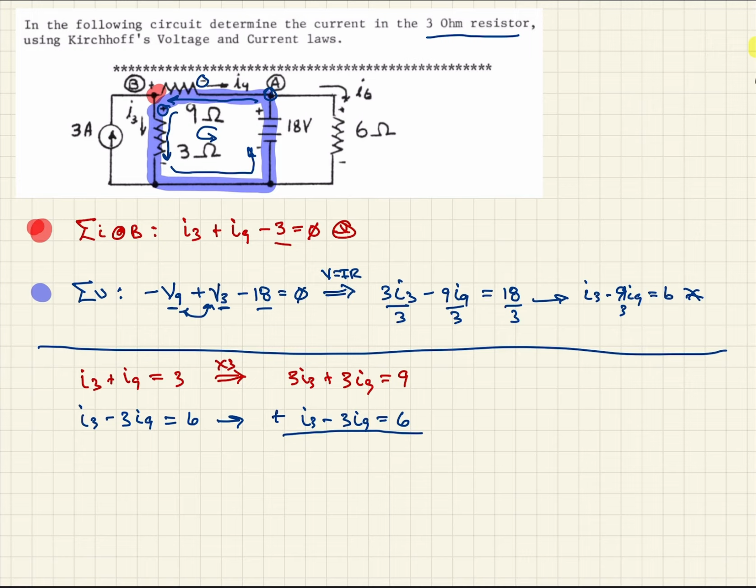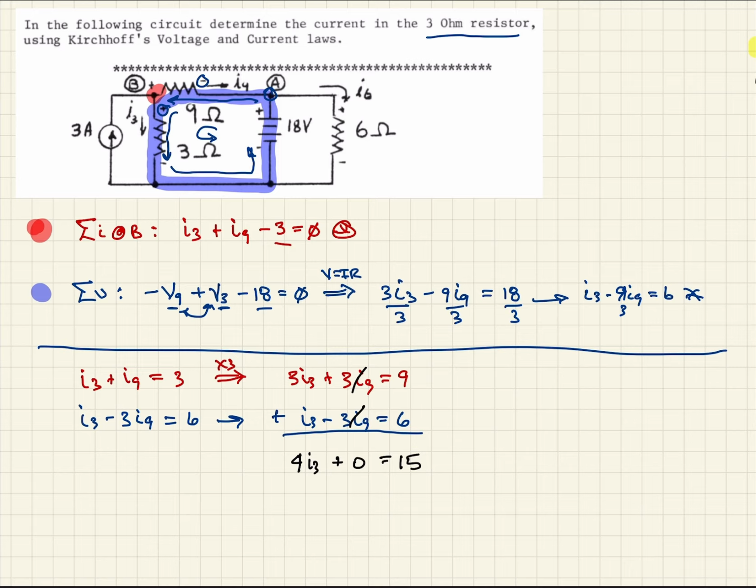And so when we do that, we get 3I3 plus I3 is equal to 4I3. These 2 will cancel out, a plus and a minus, so that's just plus 0. And then this is going to equal 15.